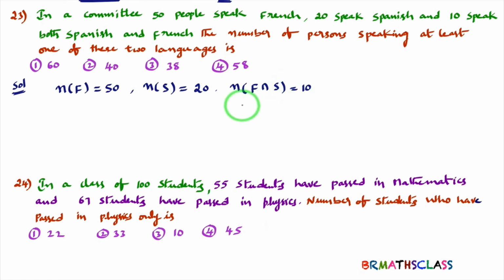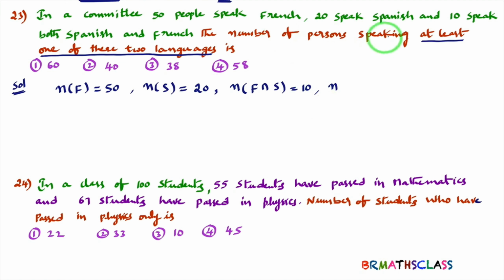So what they are asking here: the number of persons speaking at least one of these two languages. Try to understand once again. Here again, at least one of these two languages. From the last three questions you need to understand this. I collected all problems of the same type so that whenever you see it next time you can do it very easily. Here, what to calculate?